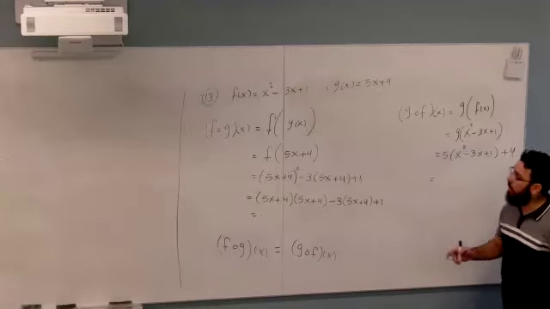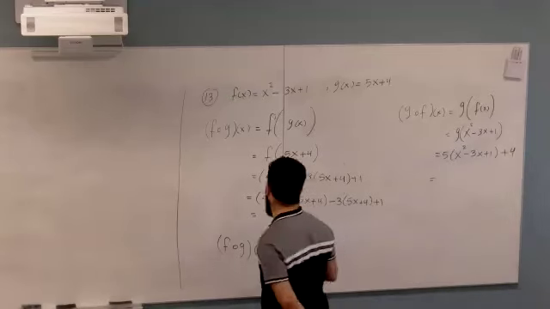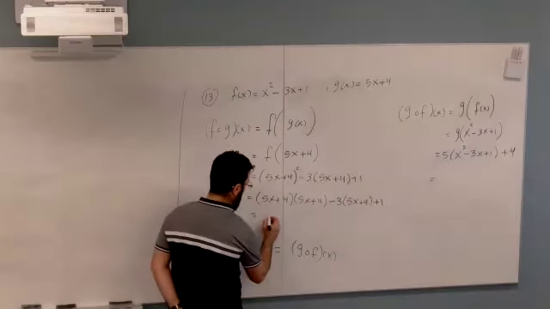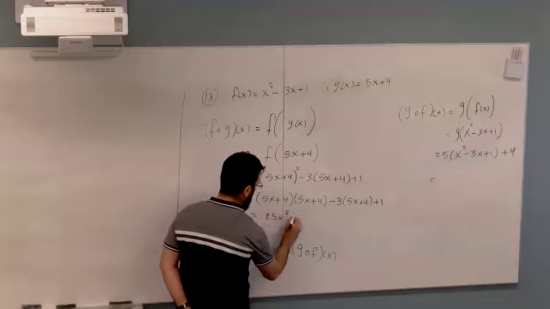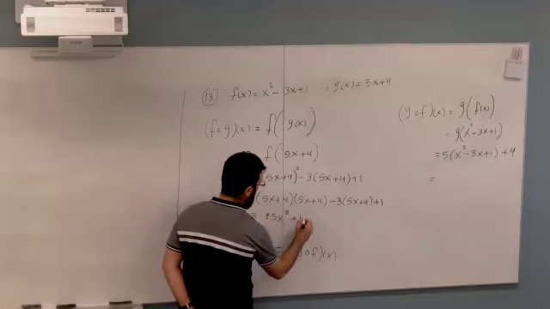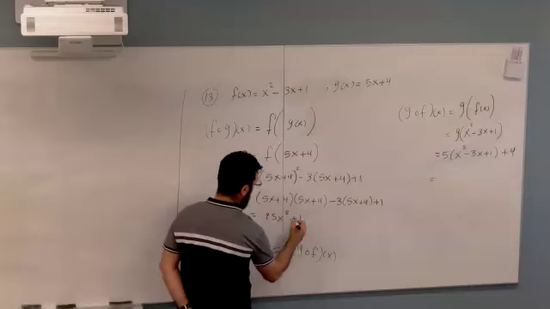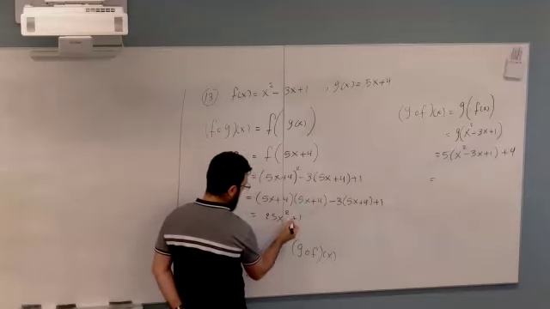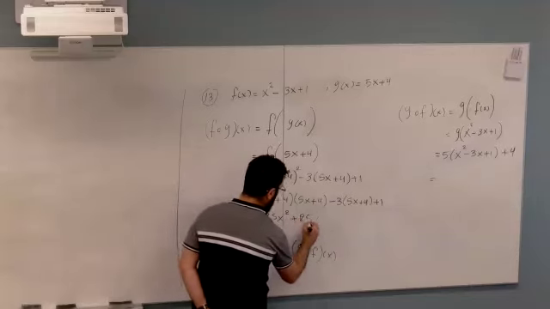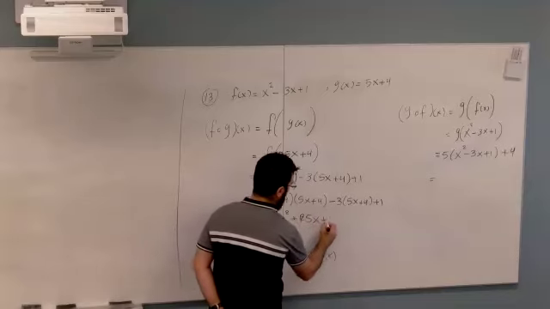How much you got for this side? X squared plus 25x plus 13. And 25x squared plus 25x plus 13.